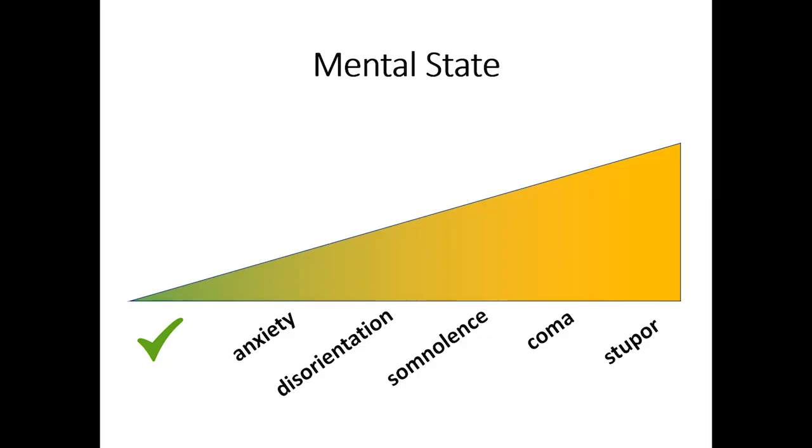I think anxiety is already the very first one, followed by disorientation, somnolence, so sleepiness, and coma, usually indicating a CNS process or a status after a seizure. And from my point of view, rated as a higher disease indicator than coma is stupor. These are those patients who have eyes open, staring, not reacting. And this is often a pre-terminal sign, as a clinical sign of massive cerebral hypoperfusion.